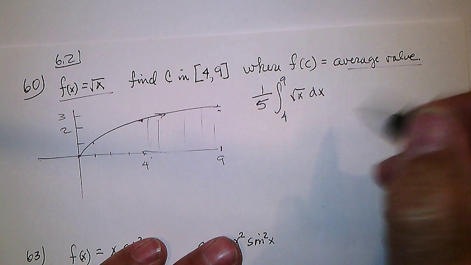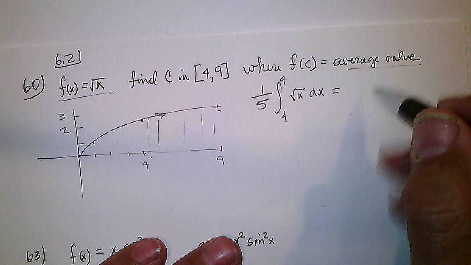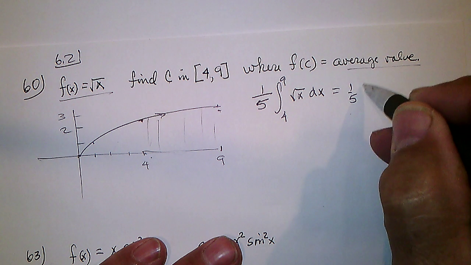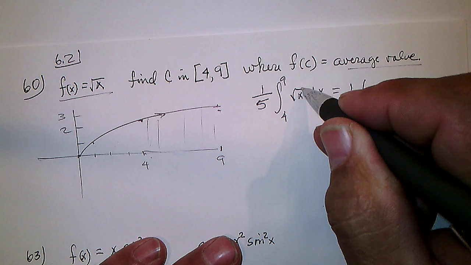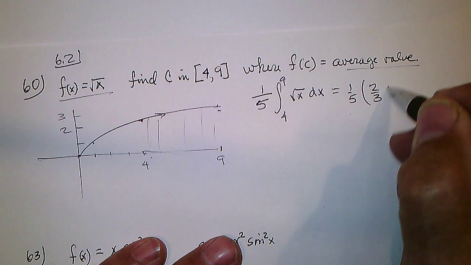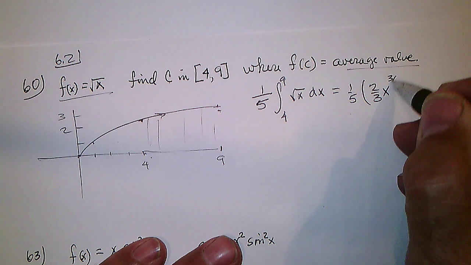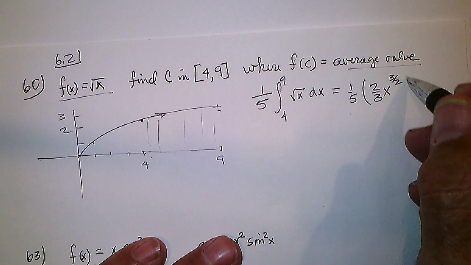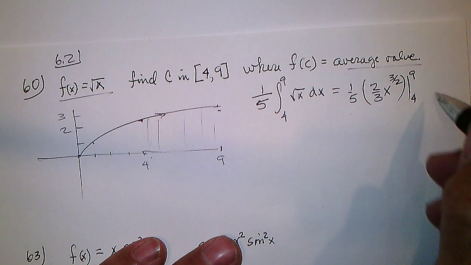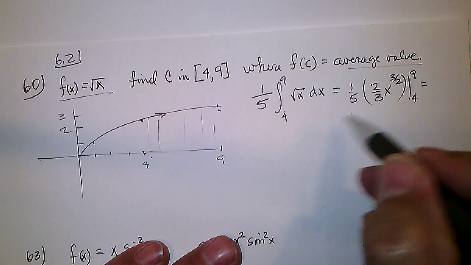So integrating that, we get 1/5 times x to the 1/2. We add 1, so that's 3/2, 2/3 x to the 3/2, evaluated from 4 to 9.